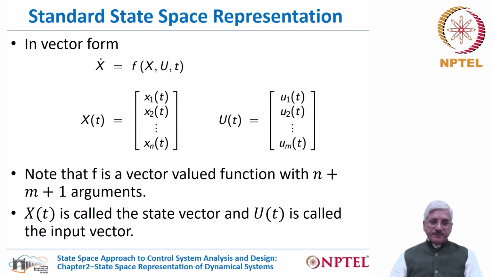Note that f contains m plus n plus one arguments, the number of inputs plus number of states, and in addition the time. And as was told earlier, capital X, which contains the state variables, is called the state vector, and capital U, that contains the input quantities, is called the input vector.